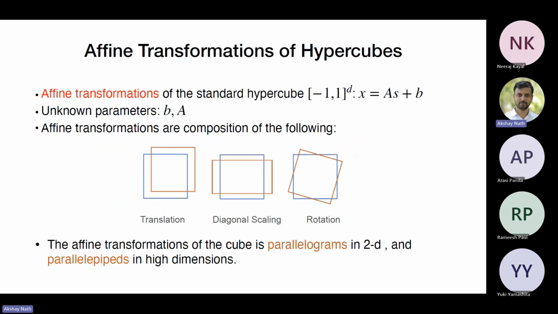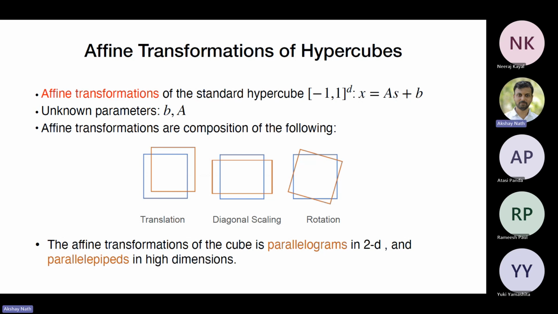Okay, let's first see what an affine transformation is. For our goal, we are trying to learn the specific case of affine transformations of hypercubes. The general definition is just a transformation function.